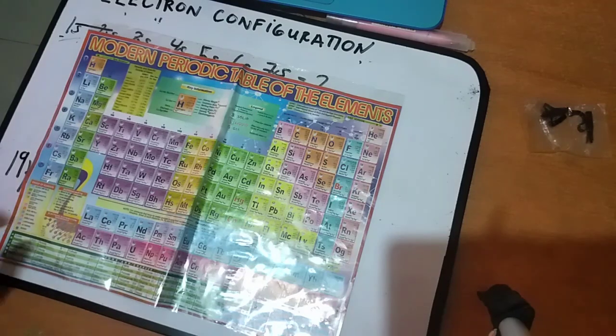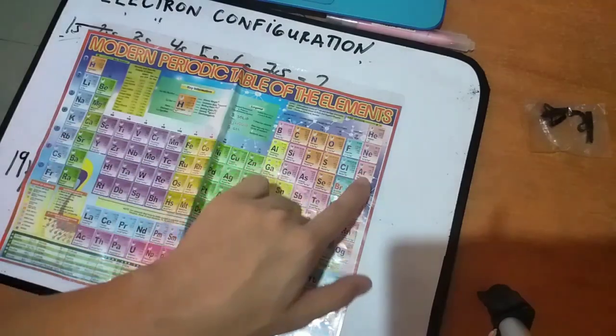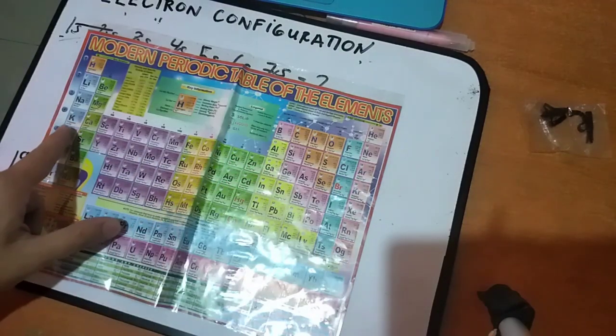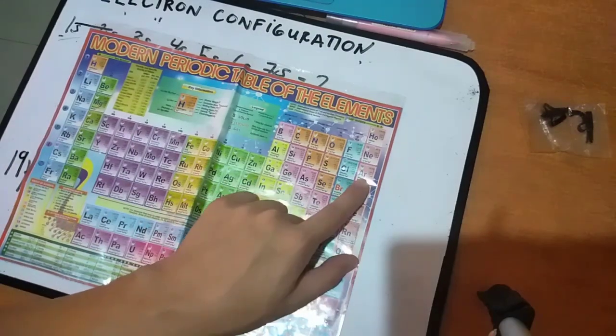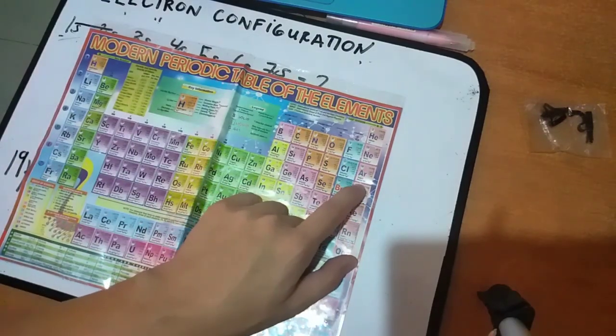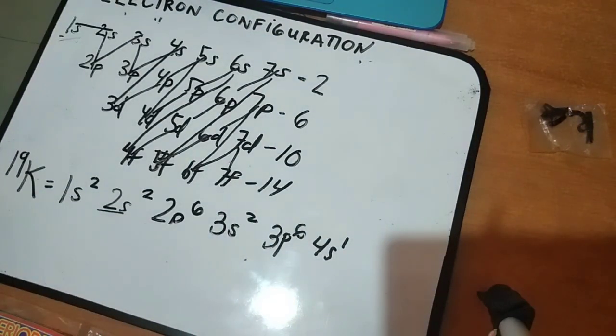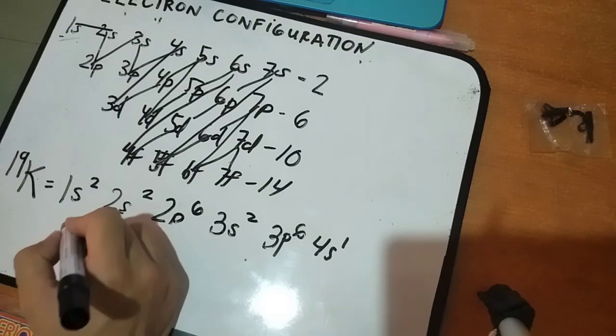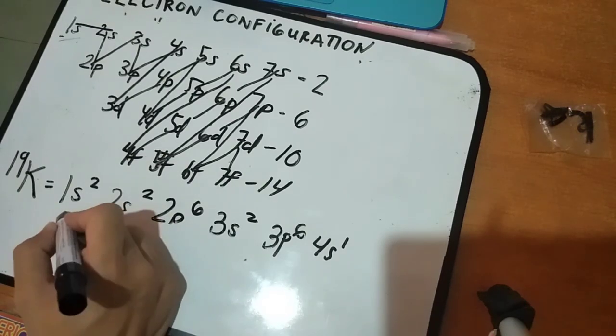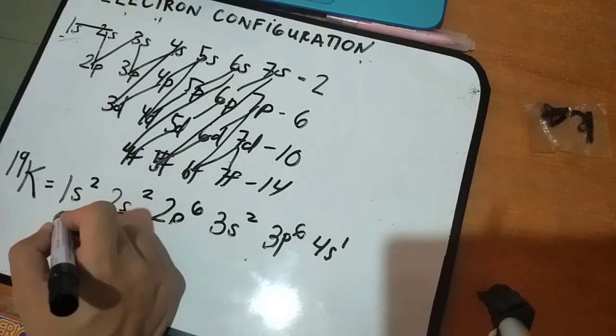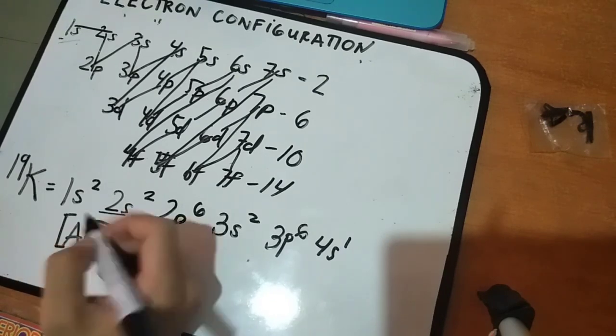Okay? So, the last noble gas before potassium, you would look, is argon. Okay? Argon. So, how to write it? So, let's try to see. So, argon. Lagay natin sa bracket. Okay?